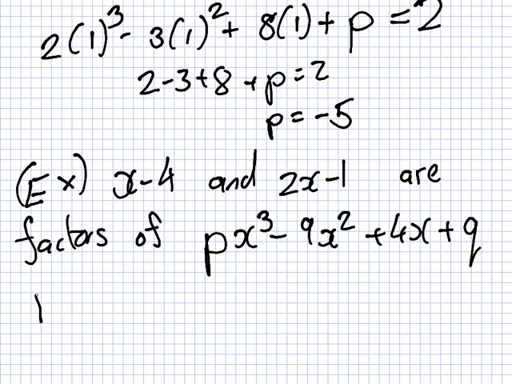And in this case, you want to find p and q. Okay. Try this one now. It's very, very similar idea. Well, it's the same idea. So you know that they're factors. So the remainder is 0 both times.